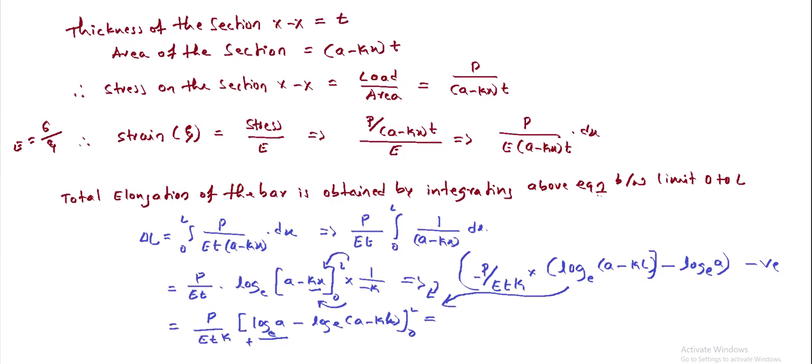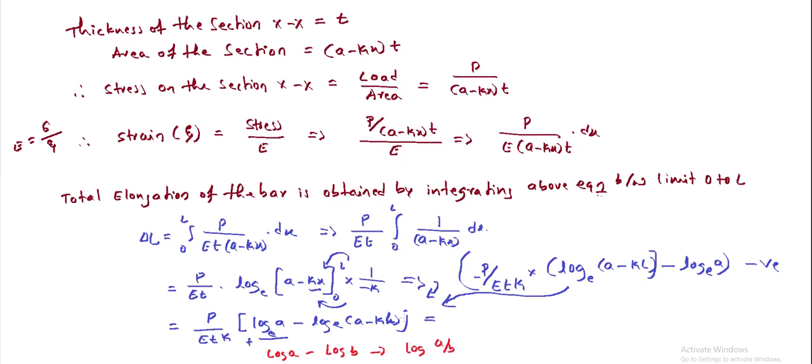Once I have substituted the terms, I need not write these limits. After this I can simplify the equation. Here it looks like log a minus log b, and log a minus log b can be written as log of a by b.